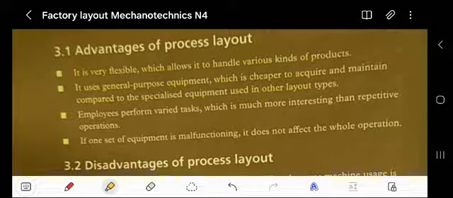Employees perform varied tasks, which is much more interesting than repetitive operation. If one set of equipment is malfunctioning, it does not affect the whole operation.